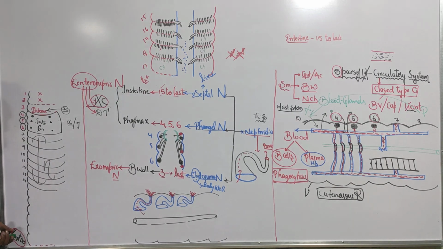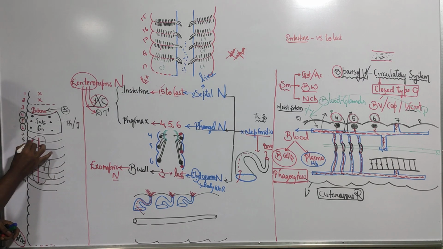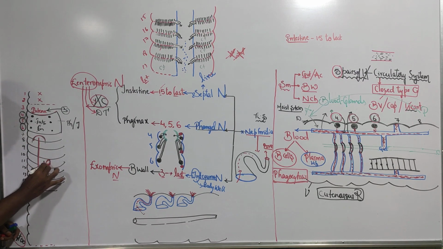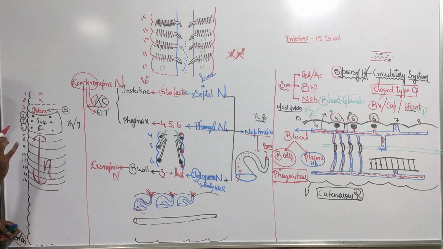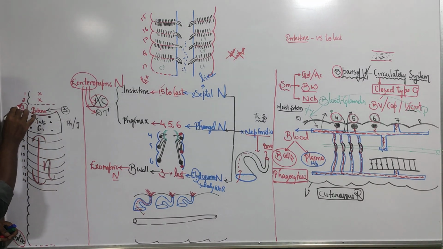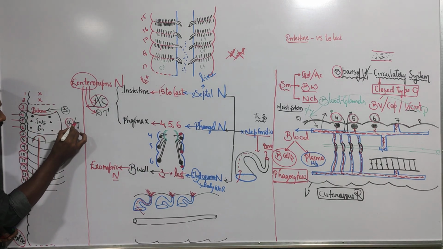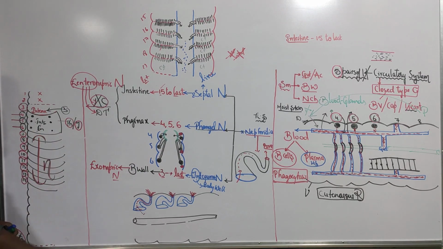So only integumentary nephridia are present in the third segment and the seventh to fourteenth segments. Be careful. But in the fourth, fifth, sixth segments, we will see pharyngeal nephridia and integumentary nephridia.